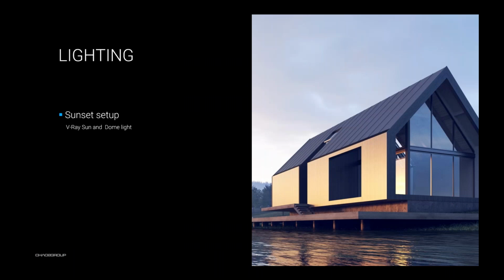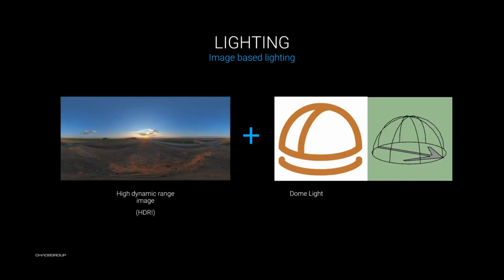For the sunset shot, I'm using V-Ray and dome light. Basically, the image-based lighting is something really useful, and it can produce a really nice lighting. It's a combination between HDRI image and the dome light.